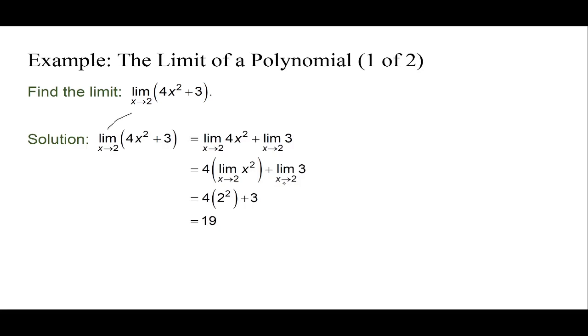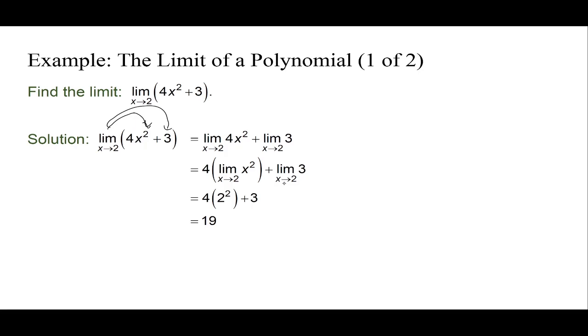You see here, I'm applying the limit for the first term and then the second term. That gives me the limit for the first term and the limit for the second term, and because this 4 is a constant, I can keep that constant outside. I can find the limit of x squared when x approaches 2 and the limit of 3 when x approaches 2. This is a power function.